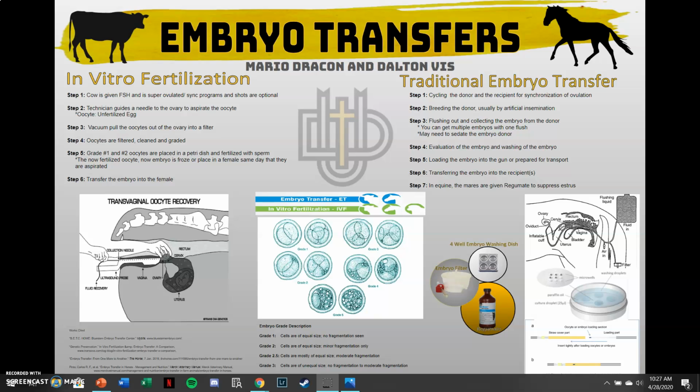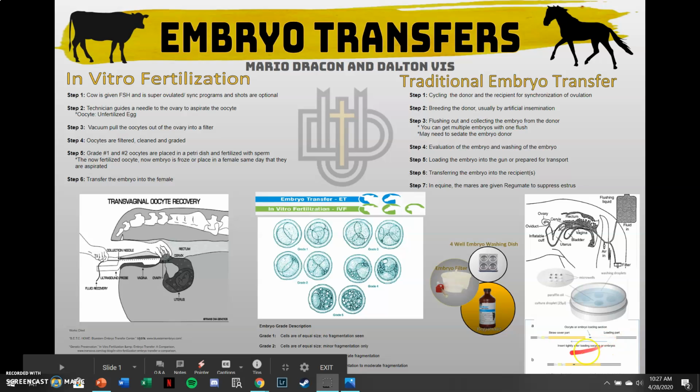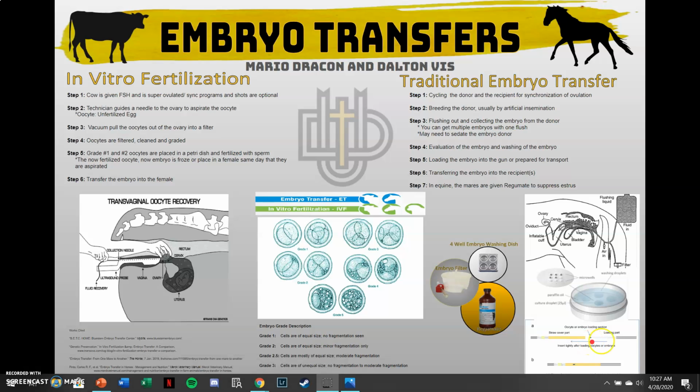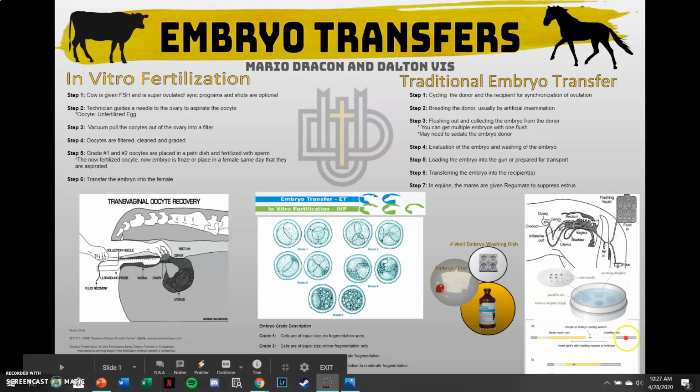If you are going to do it same day, or after you receive the embryo and thaw it, you're going to want to load the embryo into the gun here. This diagram down here just shows what that looks like. So the embryos are placed into the tip of the gun, suspended in a medium here in the tip of the gun.